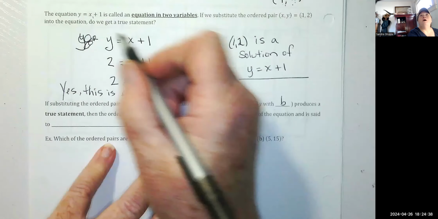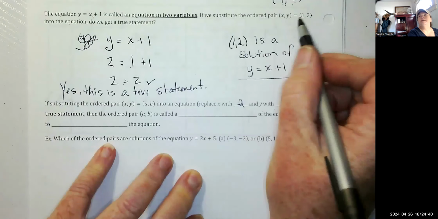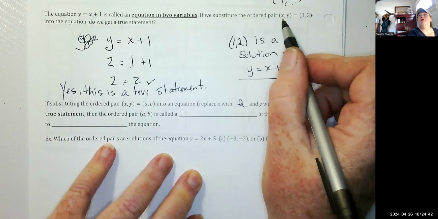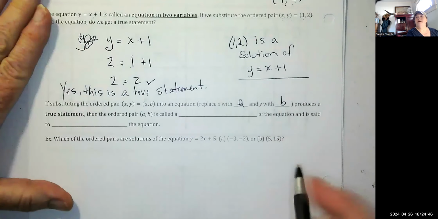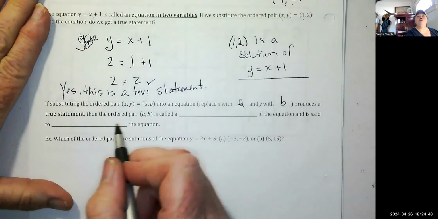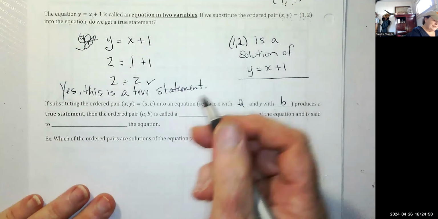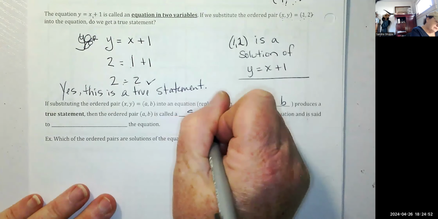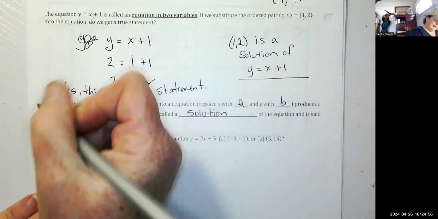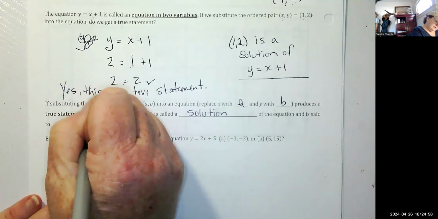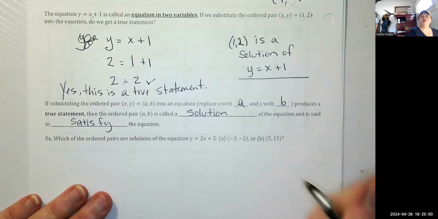We replaced that y with the 2, because these are in the order x, y. I think I've beaten this up. So if it produces a true statement, then the ordered pair (a, b) is called a solution of the equation and is said to satisfy the equation.